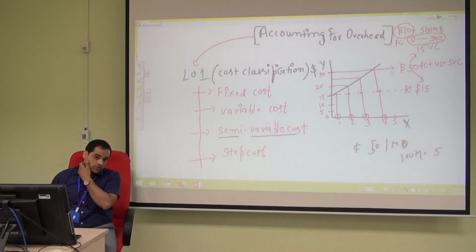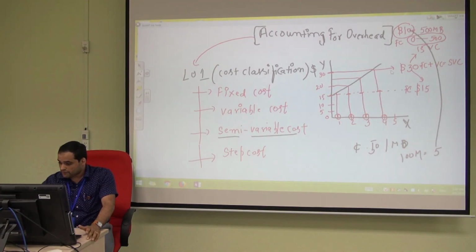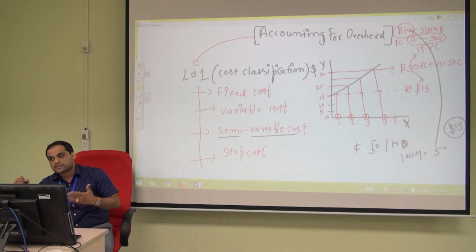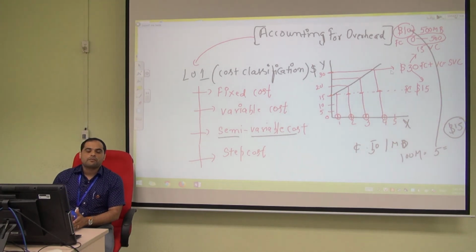So in that case, your $10 plus $5 is a total of $15. So $15 will be your mobile phone bill. So $15 is your semi-variable cost. It's a combination of $10 which is fixed and $5 which is variable. All right. So that is the idea behind your semi-variable cost.